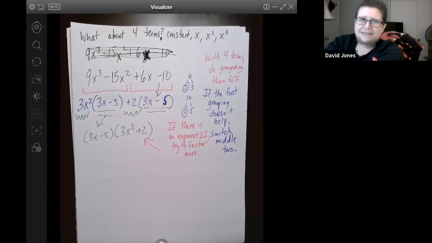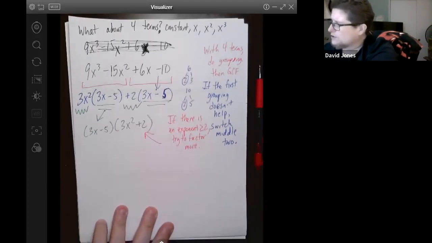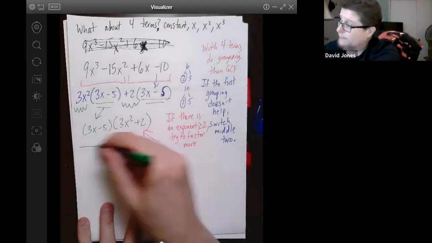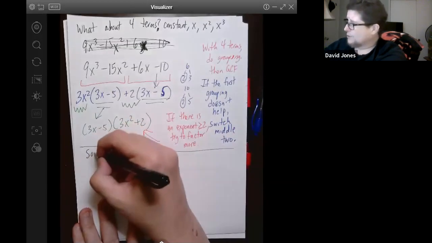You'll find that it doesn't factor. 2 is a prime number, and it does not divide into 3x squared, so that's done. Sometimes, so let's illustrate the switching it up. Sometimes switching helps.